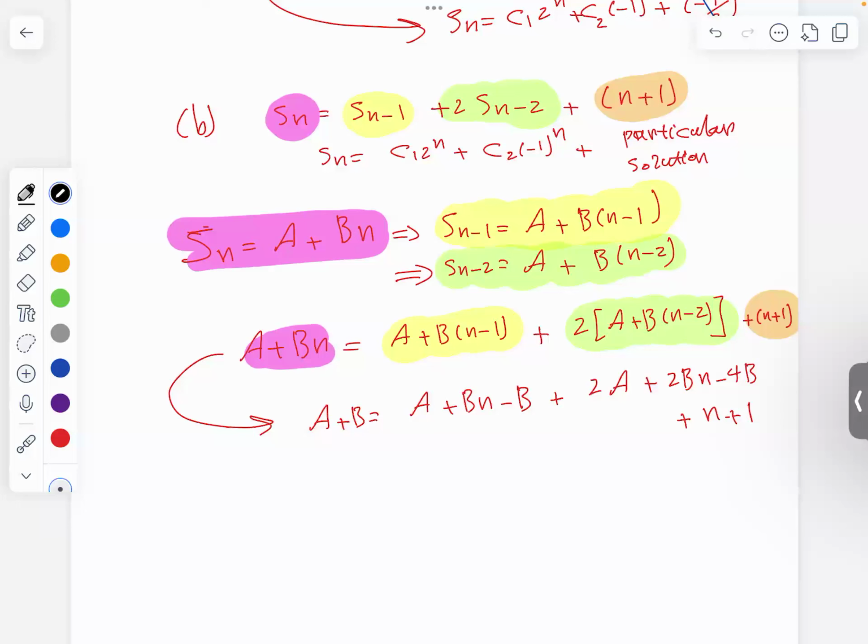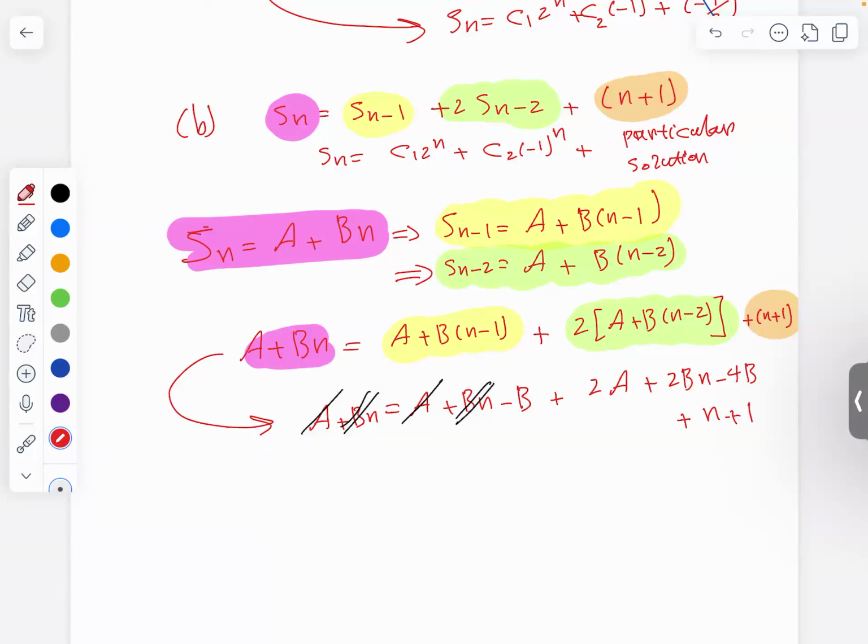So let's cancel these things. I want to cancel this one. Did I forget something? I will cancel this one as well. What do we have now?